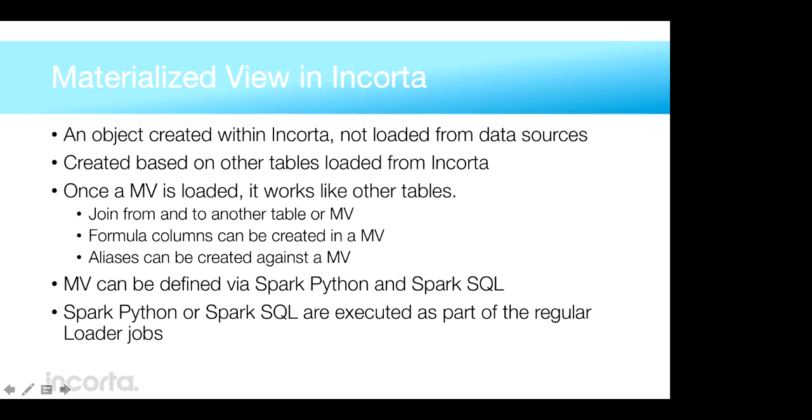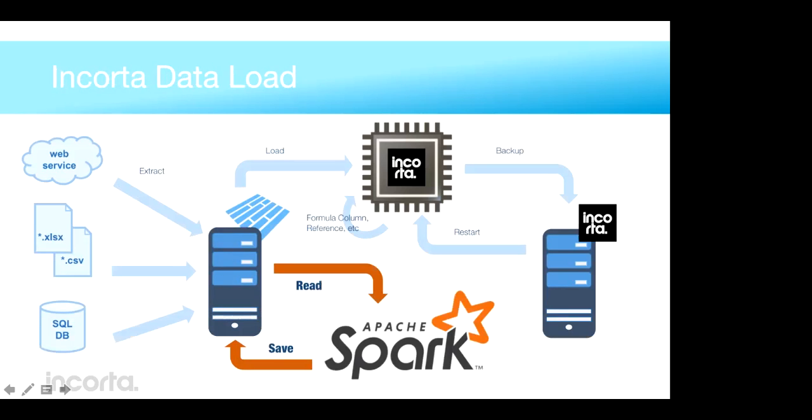These processes are executed as part of the Incorta regular loading job, which can be scheduled as a regular refresh. Okay, so this is the diagram to show how Spark fits into the overall data load process.